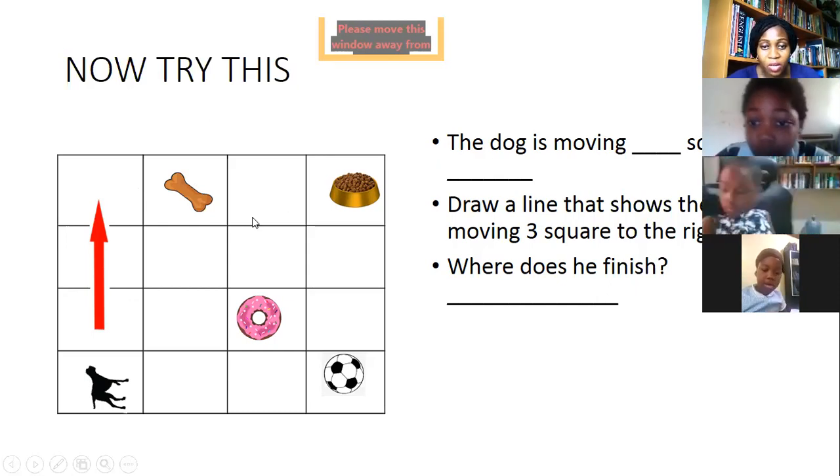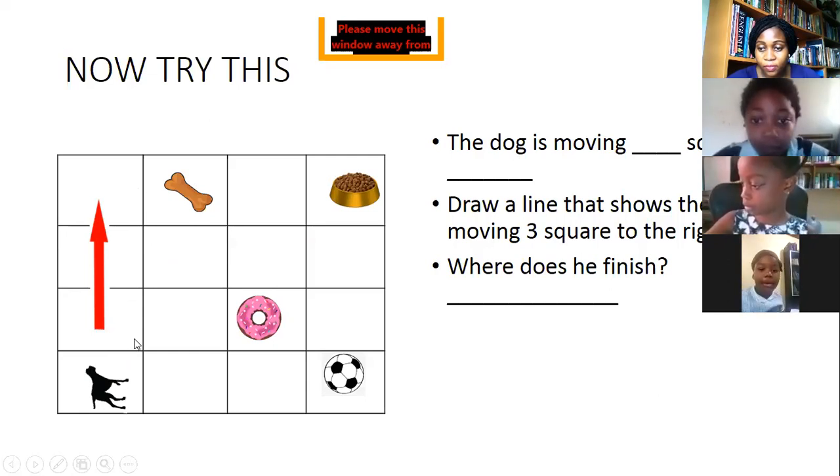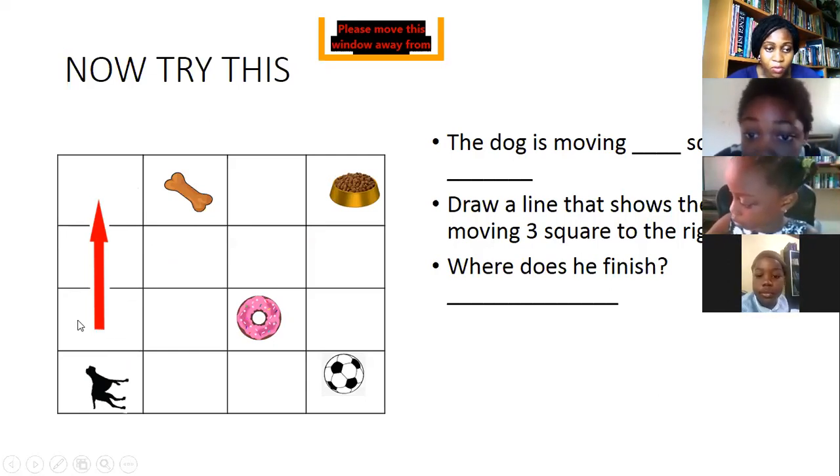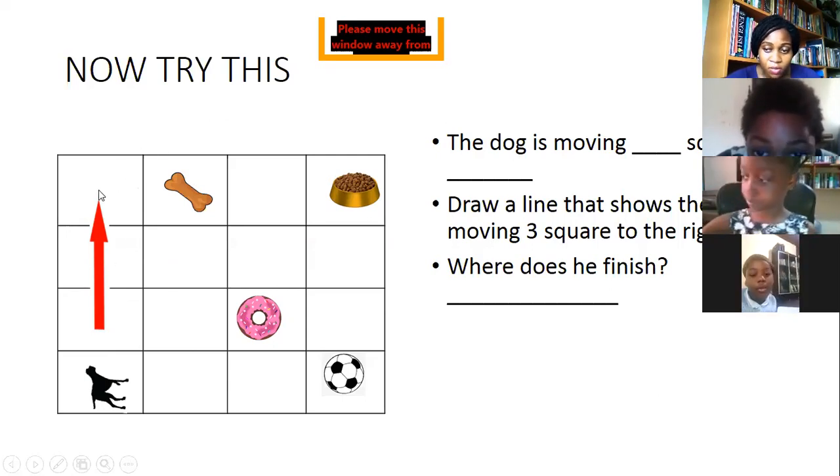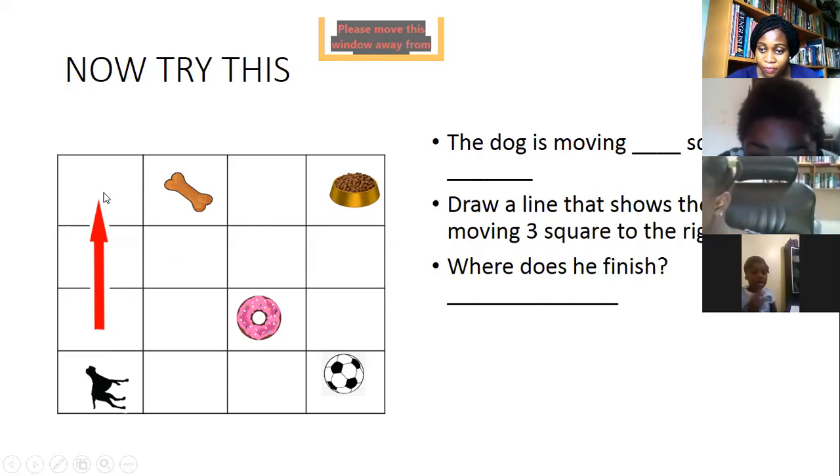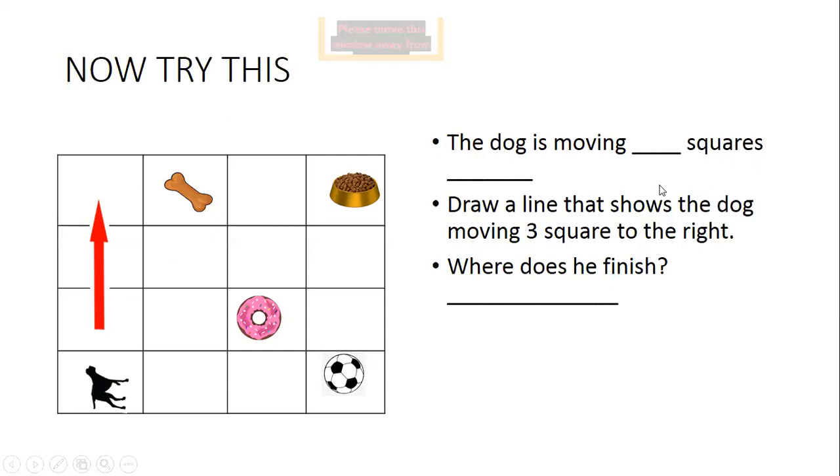So the dog is moving how many squares up? Three. So 1 square, 2 squares, and then 3 squares. Do you see it? Focus on the screen. Good. Now let's move to the next question.